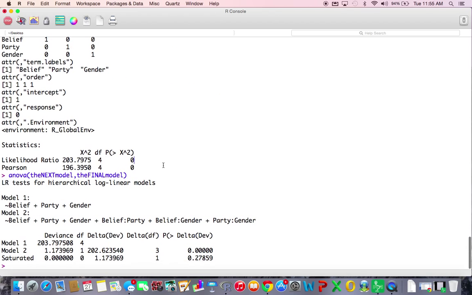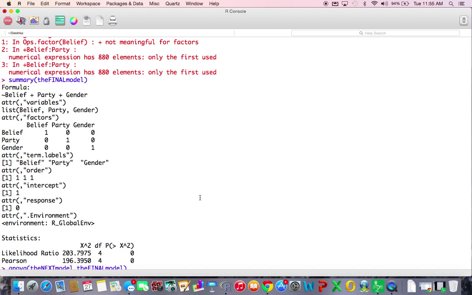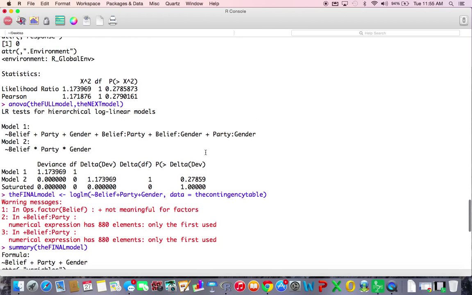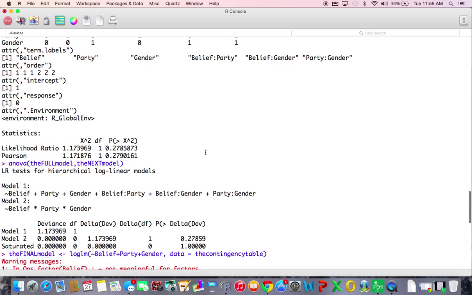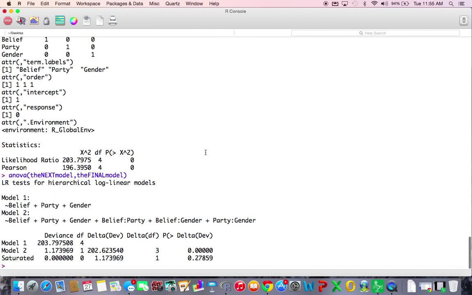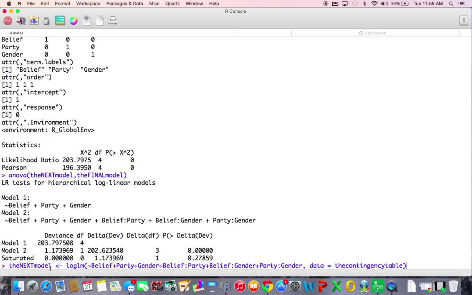All right, so what I'd like to do here is I'd just like to examine the two-way interactions. And I think this is going to become pretty clear when I do this. Okay. All right, so let's go back up and get the next model. And we'll call this the next model 2.